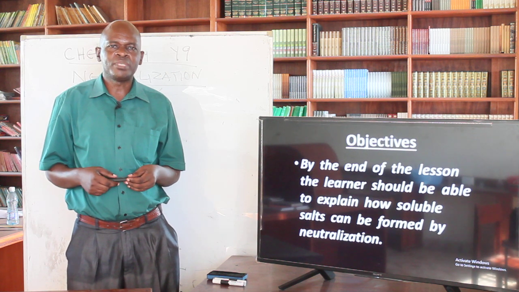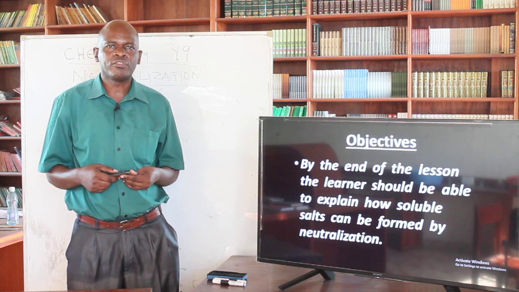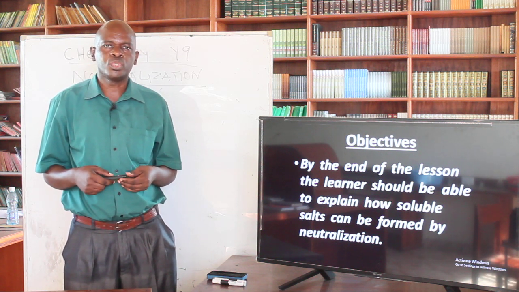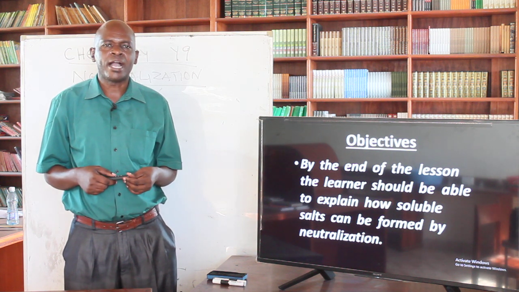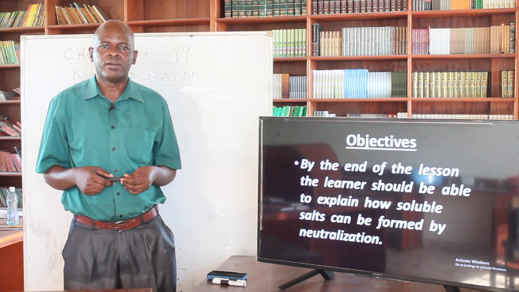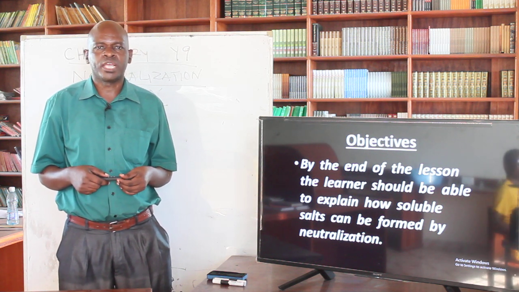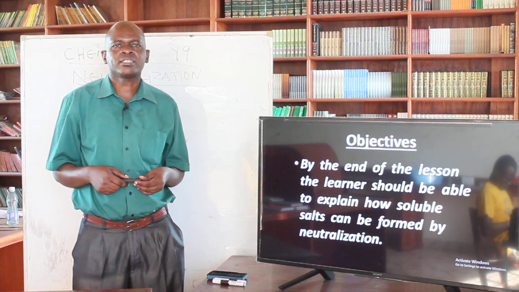So the main objective for our discussion today is that at the end of our lesson, we should be in a position to explain how we can prepare soluble salts from the process of neutralization using an alkali and an acid.